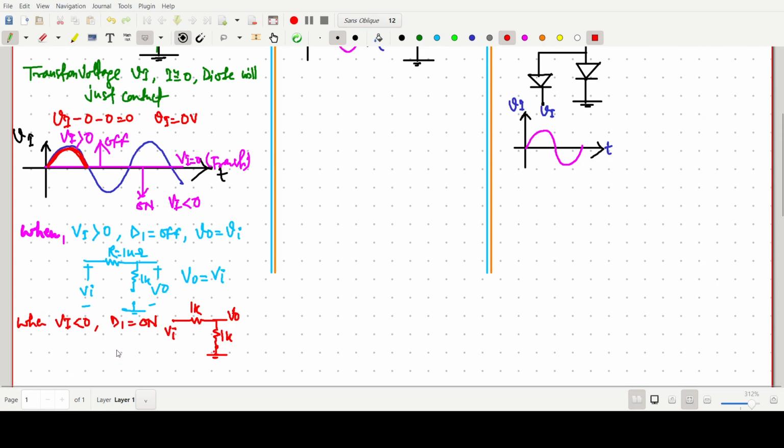The output voltage we can find using the voltage division rule. V naught equals Vi times 1 kilo ohm divided by 1 plus 1 kilo ohm, so Vi by 2. So it is minus 5, because the maximum peak value in the negative is minus 10, so it should be minus 5.